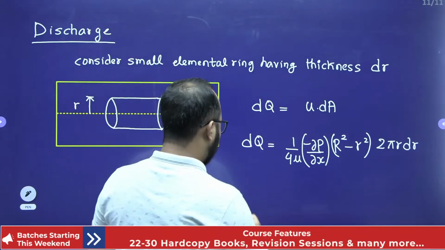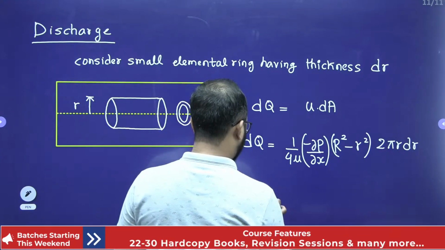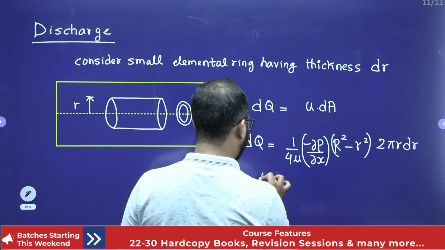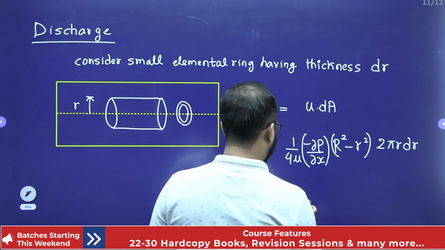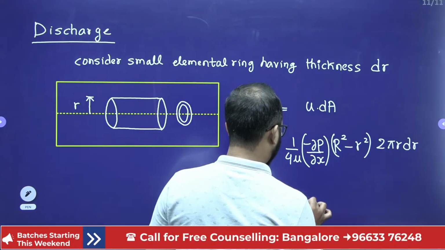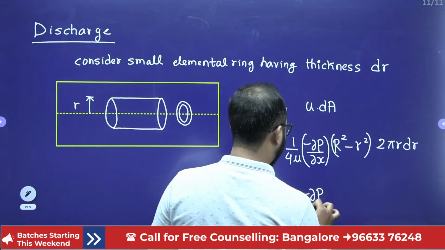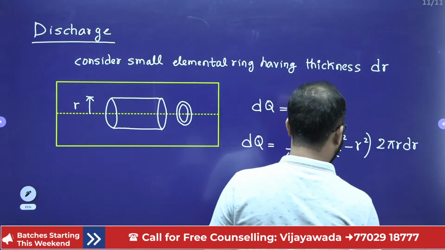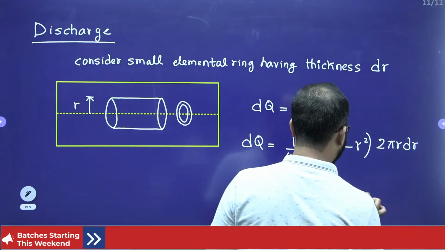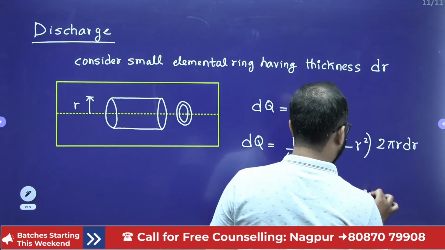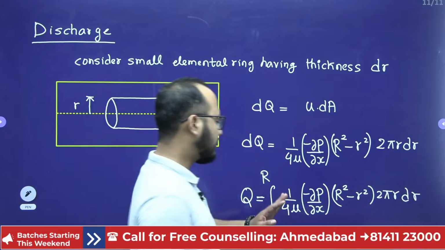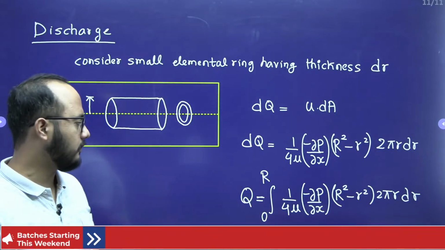Okay, great. Now see, total discharge will be like this: integration from 0 to capital R, 1 upon 4 mu into minus dou p by dou x, into capital R square minus small r square into 2 pi r dr. Now this is simple integration that you can do on your own.